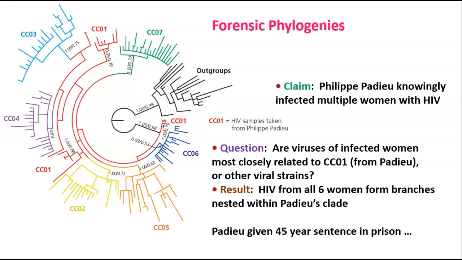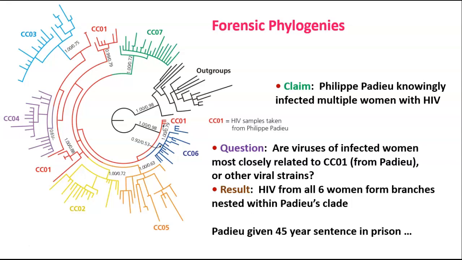So the question was, are the viruses of the infected women most closely related to virus CCO1, which is the variant that Pédot had, or are the viruses that the women were infected with more closely related to other viral strains, more distant to Pédot?